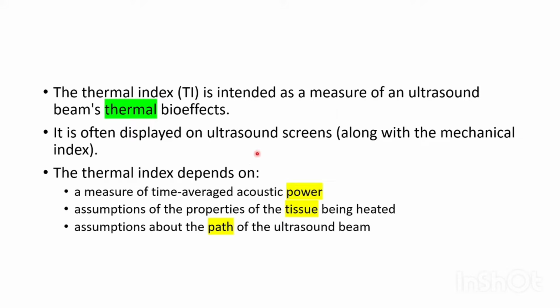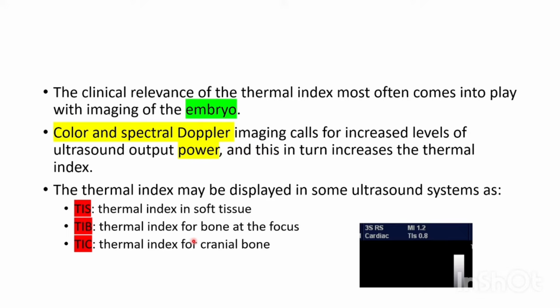Now coming to thermal index, that is how much the tissue can get heated up by these ultrasound waves. So, thermal bioeffects. It is often displayed on the ultrasound screen, which I showed, TIS. It depends on the acoustic power, the tissue which is being imaged, and the path of that ultrasound beam. So the clinical relevance in cardiac, we need not bother about the thermal index because the heart never gets heated up that quickly.